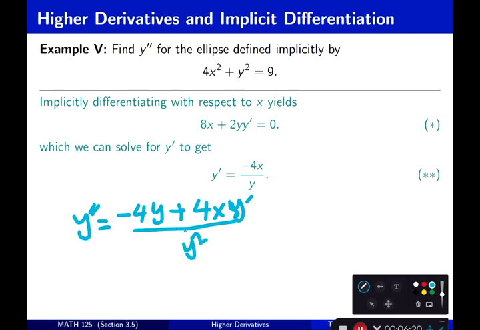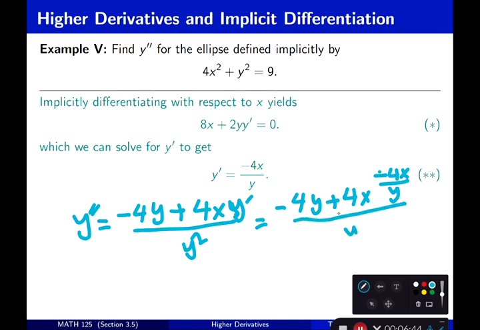Now, what you need to do at this point is to replace y prime in here by the value from above. So minus 4y plus 4x times negative 4x over y, divided by y squared.